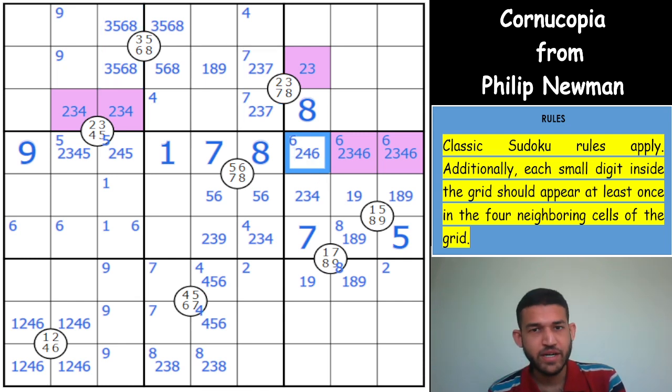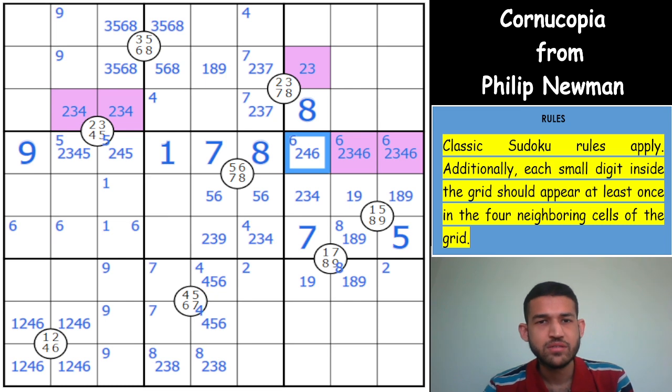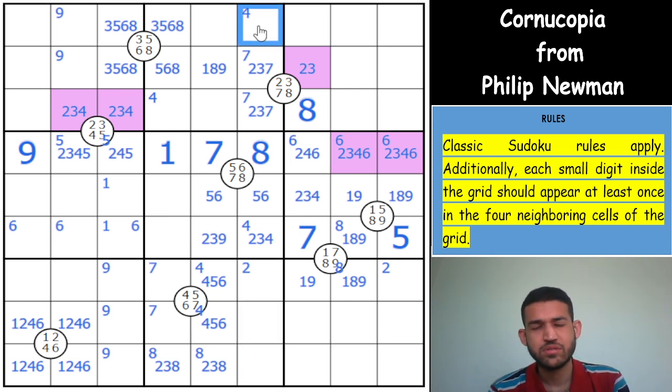But at this rate, I don't know how many more eliminations of this sort we'd have to make. I feel I'm missing something here. Very easy.